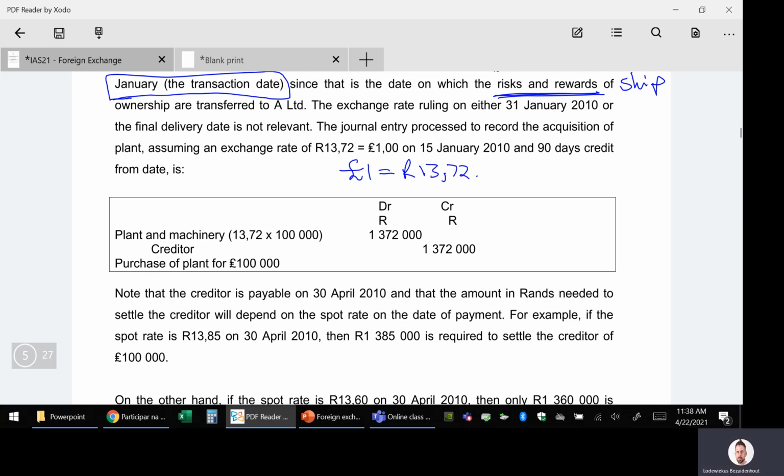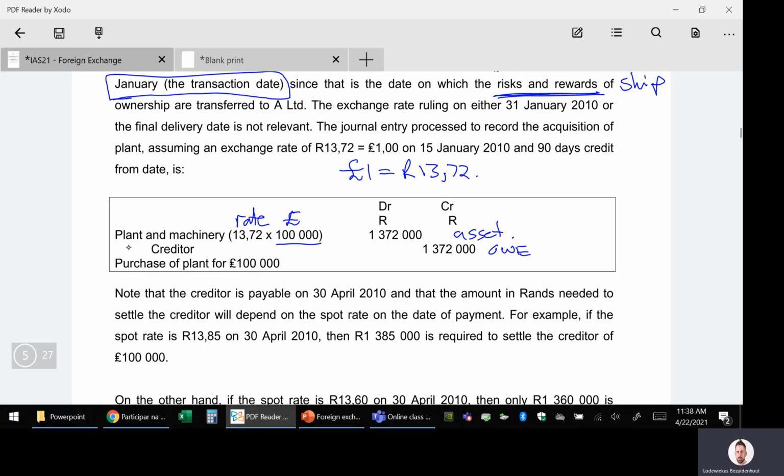It's exactly the same. 13.72 is equal to 1 pound, or 1 pound is 13.72. So we take the rate times the foreign currency, that was £100,000, and we debit the asset and we credit the creditor. We owe the money and we have an asset in the books.